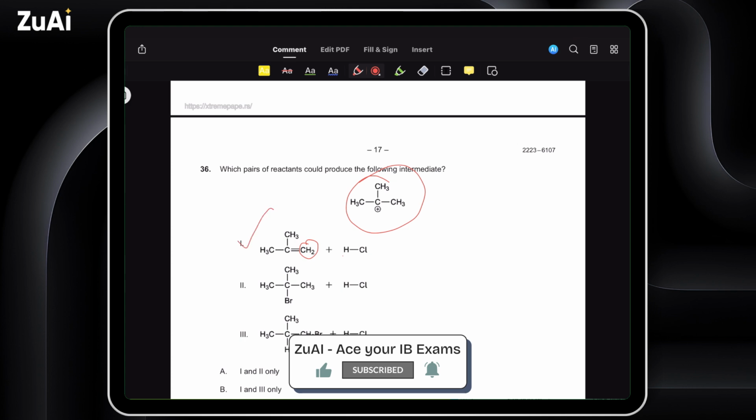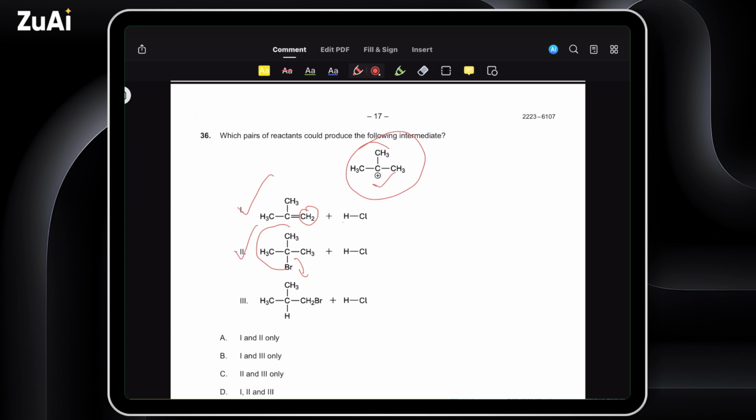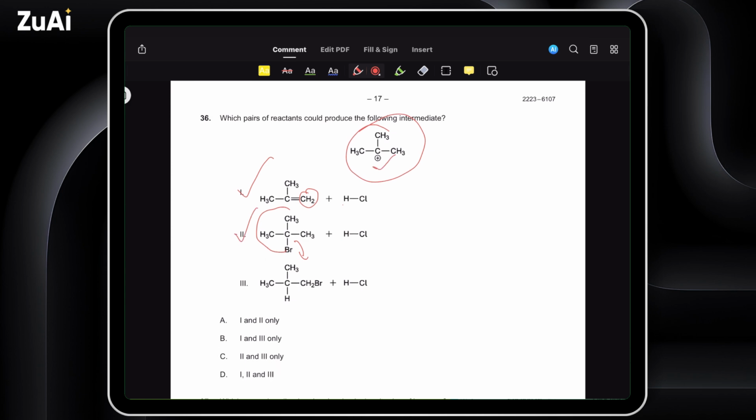This is correct. And over there, this is going to break because that's a tertiary halogenoalkane, so automatically this is formed. So that's correct. But in this case, the reaction is not going to take place.